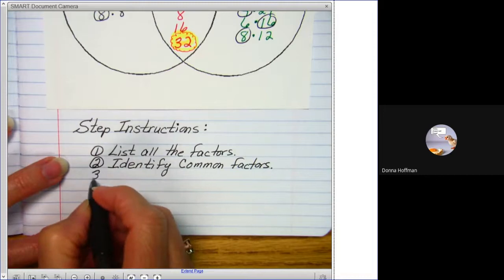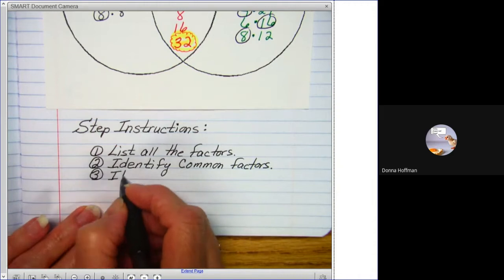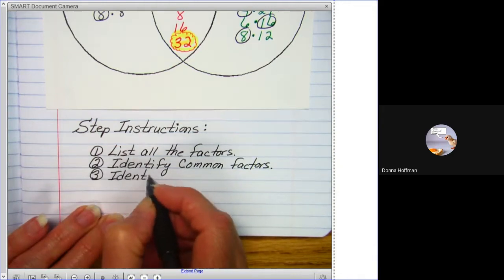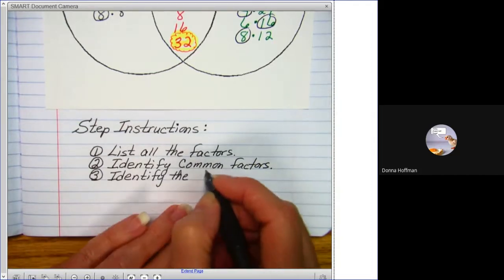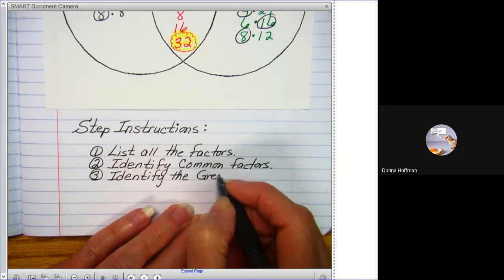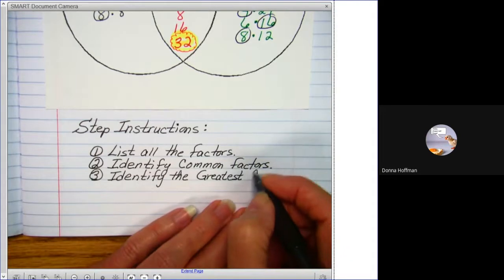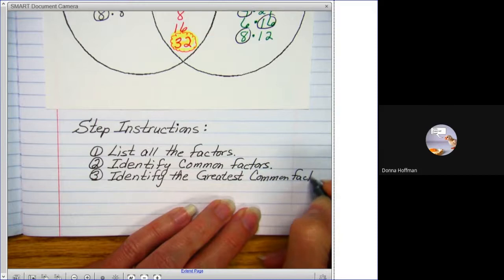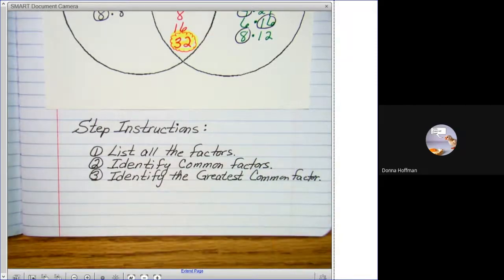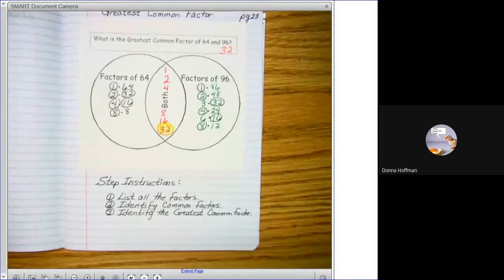Third step, identify the greatest common factor. And that's it. Once again, the greatest common factor of 64 and 96 would be 32.